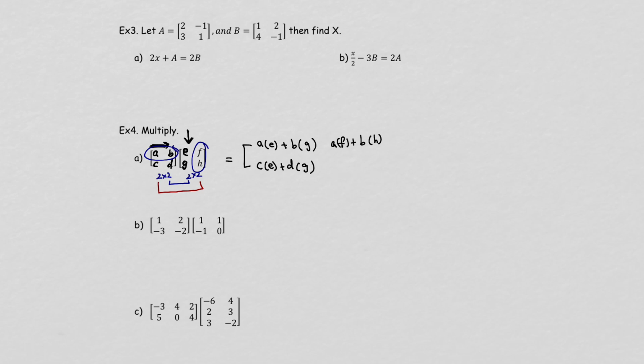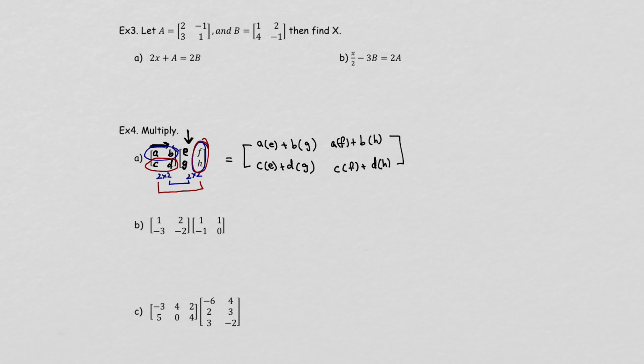Then it comes from the second row and second column. So that becomes C times F plus D times H. So that's the rule. Depending on which value you wanted to get, you multiply the row from the first matrix and the column from the second matrix.